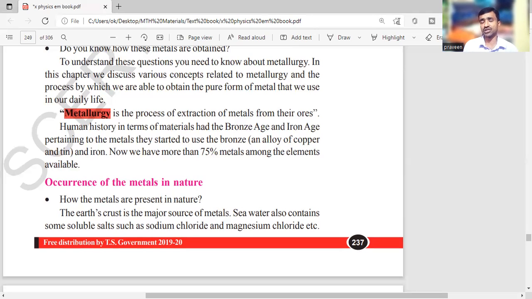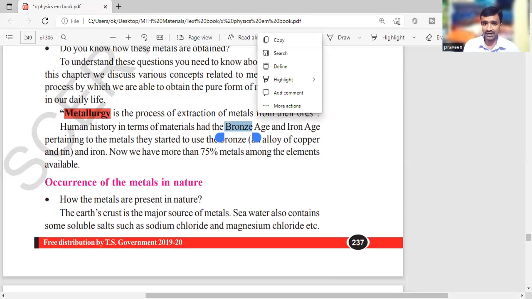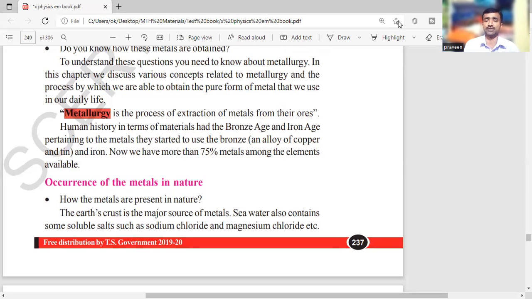So in human history, the terms related to materials are given here: Bronze Age, Iron Age, right? Why do they mention this? Because the ancient people lived in the forests. They didn't know how to build their own pakka houses, that means permanent houses, right?